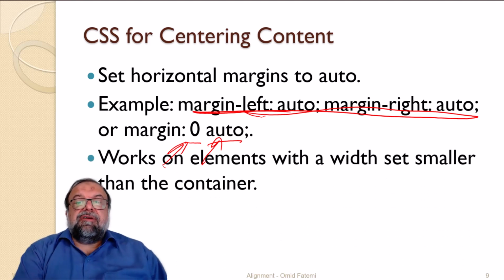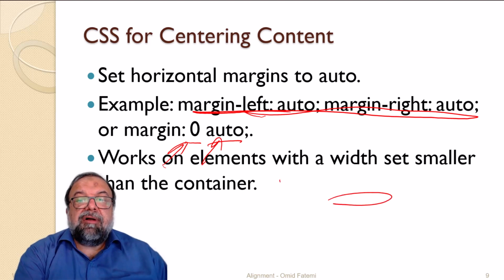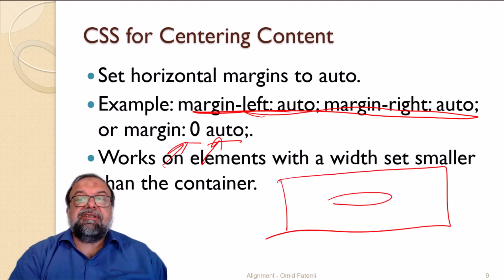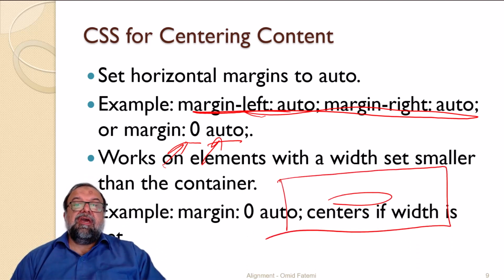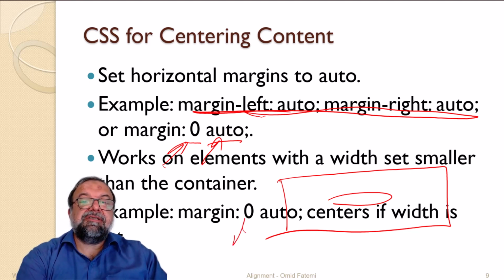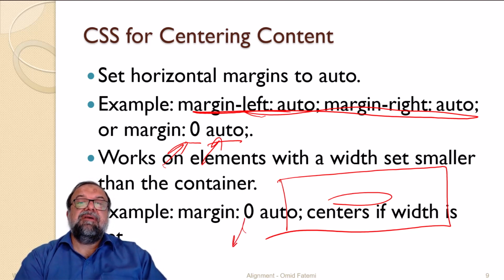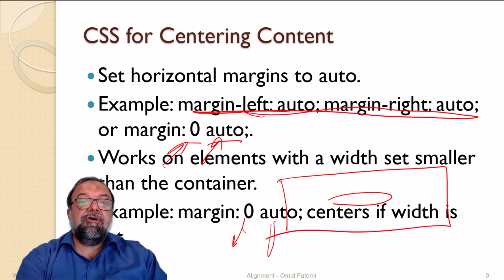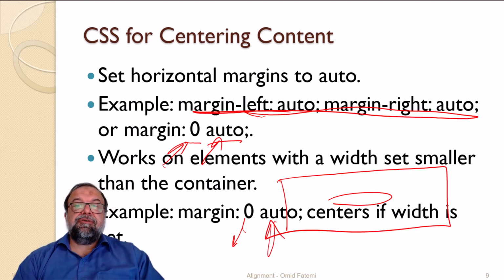It works with elements that are smaller than the container. Example again: margin: 0 auto; the first value is for top and bottom margin, but auto will be applied for left and right margin.